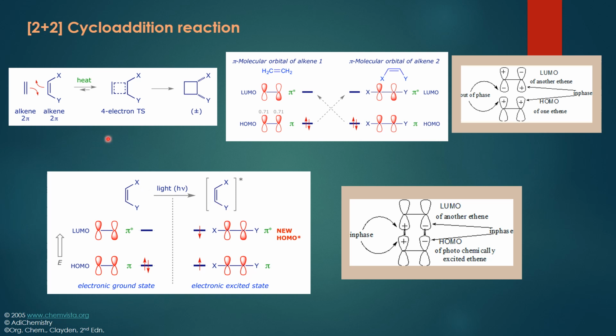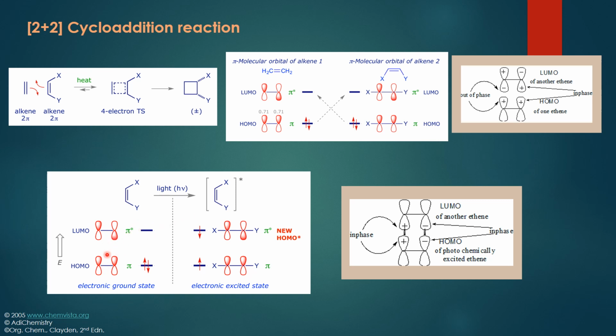So the alkene component stays in the ground state, whereas the substituted alkene component gets excited under photochemical condition. Since the alkene is in the ground state, the orbital diagram will be as such: 2 electrons enter the HOMO of the alkene, and the LUMO of this simple alkene does not have any electron. But the substituted alkene, under photochemical condition, gets excited.